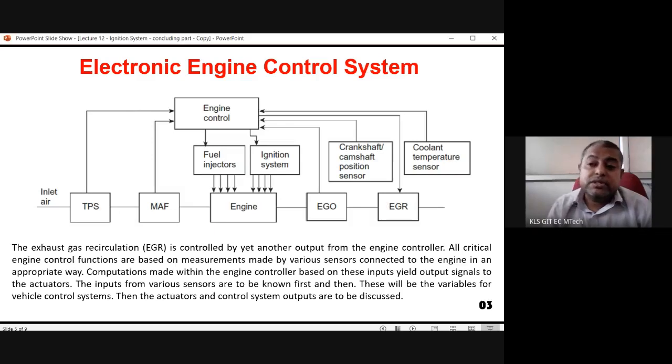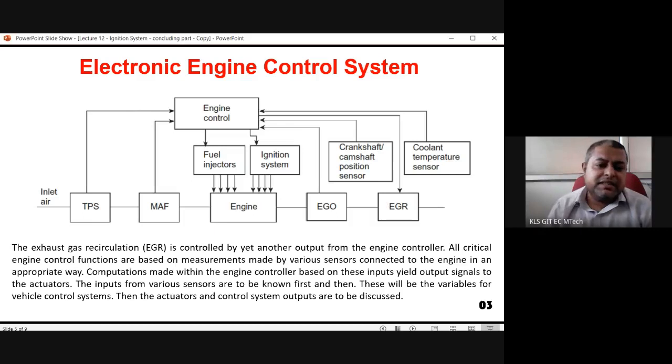Who is to be addressed first, who next, who last, all of this is perfectly sequenced at the engine control. It all runs by an algorithm, because nowadays cars are designed with microcontrollers. So very perfect timing control in milliseconds and microseconds is achieved by using a microcontroller based system.